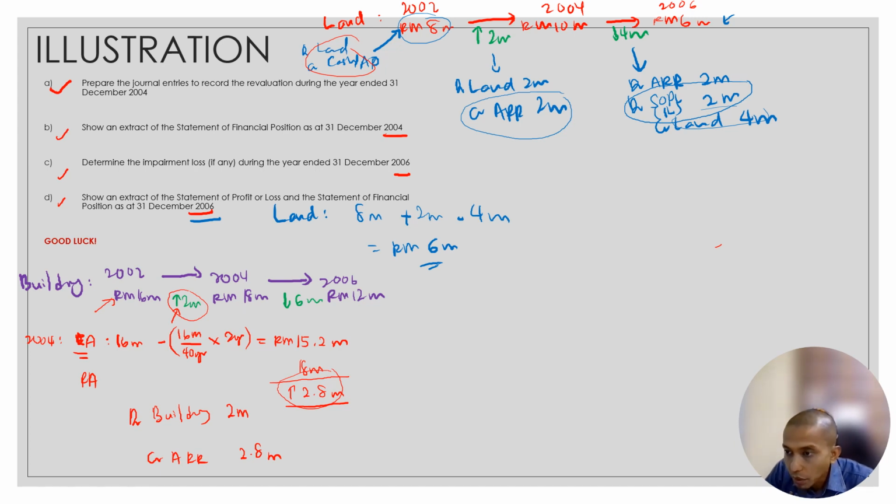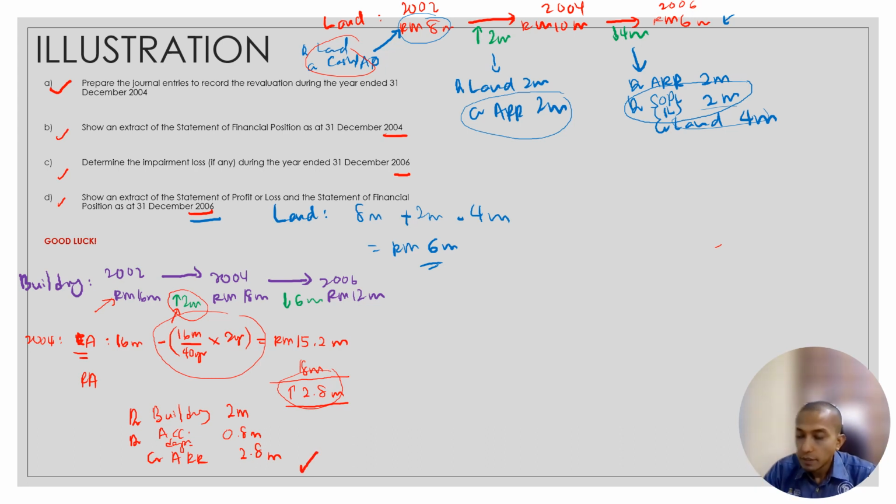Because there is one more that we haven't recorded, which is the accumulated depreciation. So we need to debit the accumulated depreciation. Accumulated depreciation, when we record, is on the credit side. But when we do a revaluation, we need to eliminate accumulated depreciation. Accumulated depreciation is 0.8 million. You can calculate to prove this. So this is the first journal entry to record.